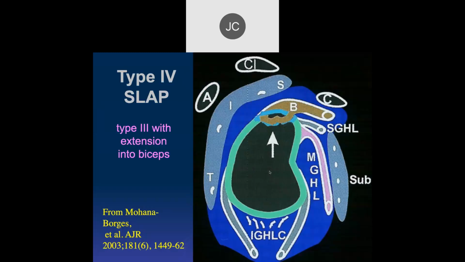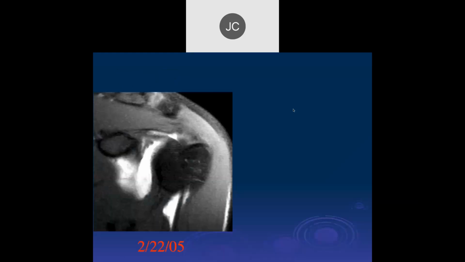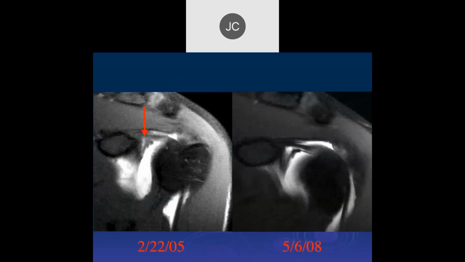And then there's type 4, which was considered the most significant and the most likely to be symptomatic and a strong indication for surgery, which is where the tear actually extended longitudinally into the biceps tendon itself. So here's a case where we can see a lot of increased signal intensity, a change in morphology and signal within the superior labrum.